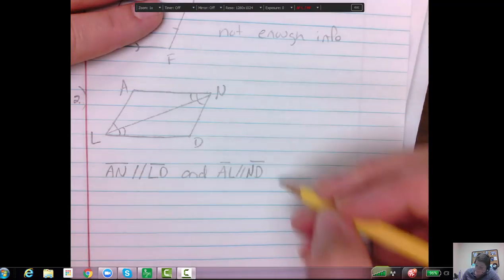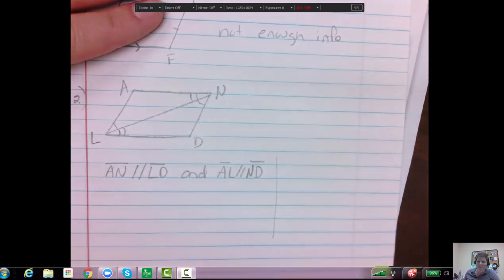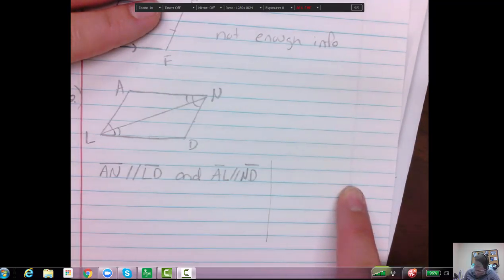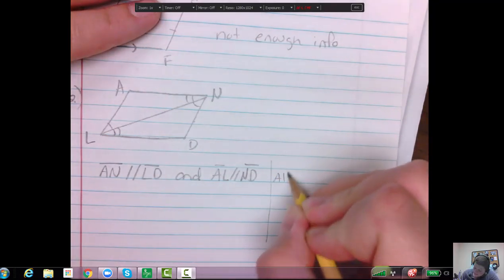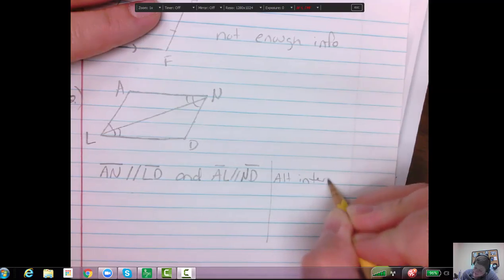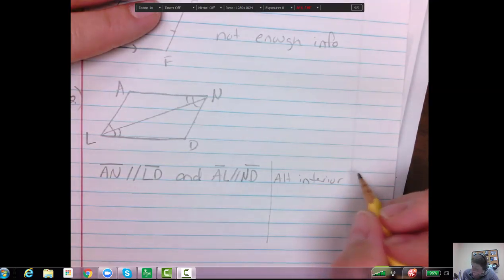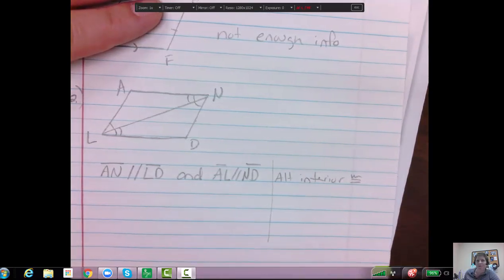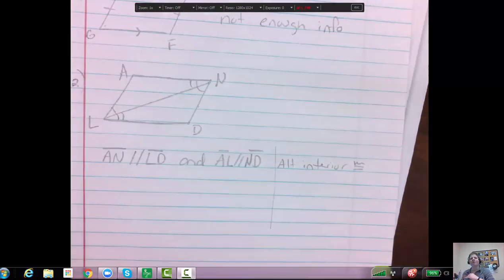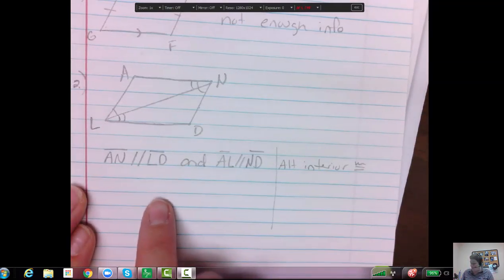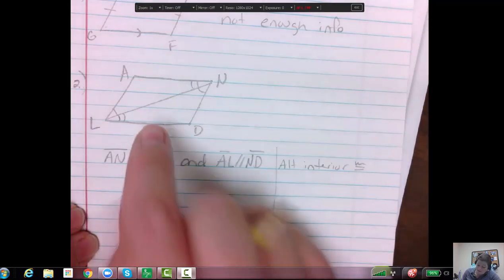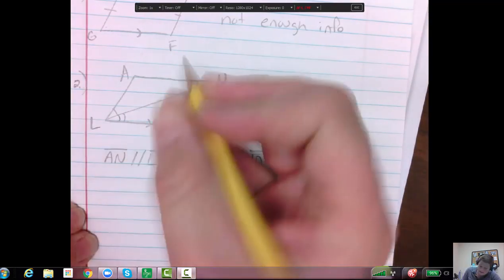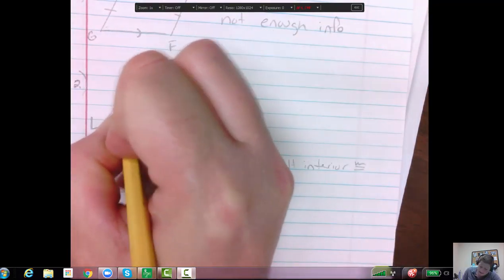And why? Well, if we thought about the two-column proof, we'd say over here, alternate interior angles are congruent. I'm running out of room, so I'll just make a symbol there. Because of alternate interior angles, we can say these are parallel, because now we've said this is parallel to this, and this one is parallel to this one.